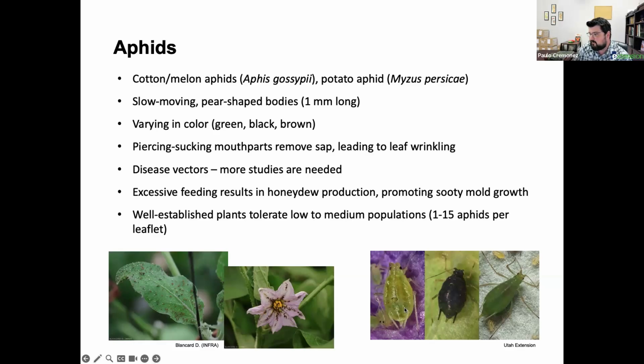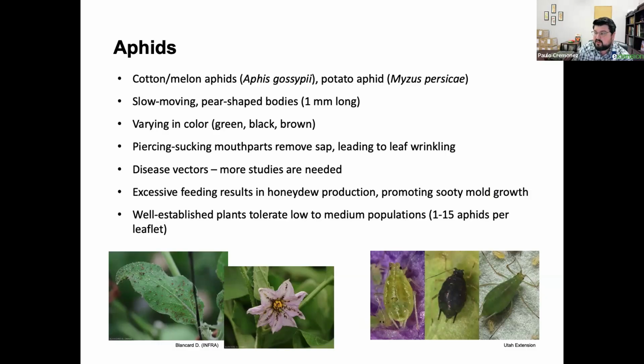So here you have 3 different species of aphids. All of them are highly reproductive. You can see an adult female right here with all the nymphs around her. Over here, it's also possible to see. They can vary in color, so you have a multitude of different aphids that can affect your solanaceous.